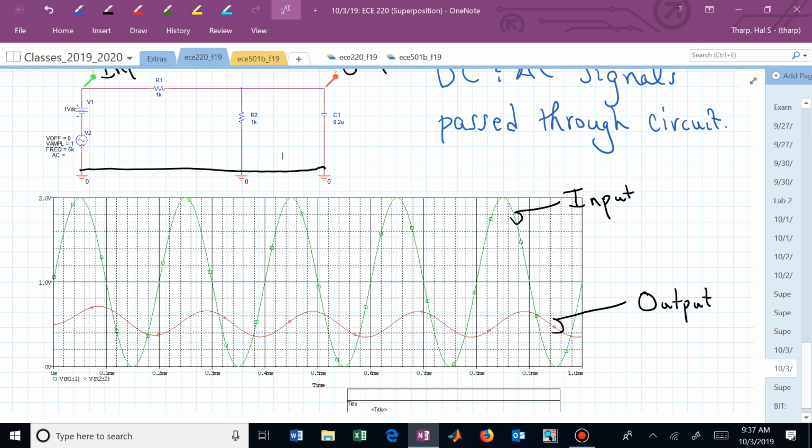It is reduced, but now are its peaks aligned with the green peaks? If I now tried to say, okay, here's a maximum on the red, there's a maximum on the green, are they aligned in time? Not anymore, because we have that capacitor. That capacitor is storing energy in its electric field, and so it builds up, then it gives back.